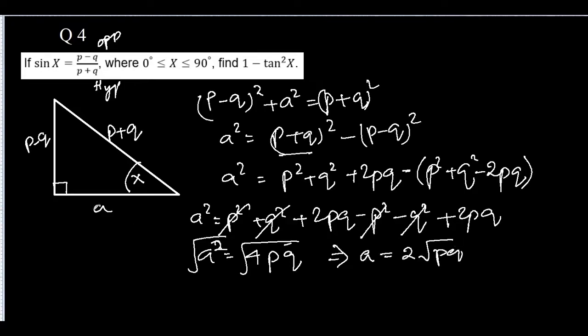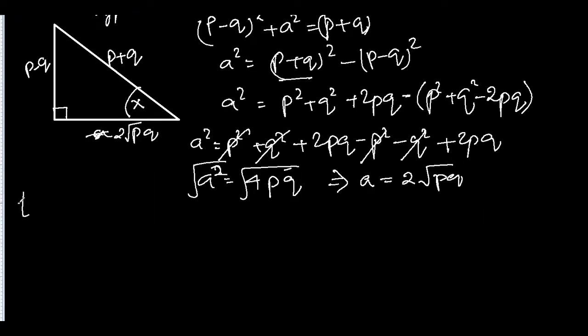Alright, so in place of A we will write 2 square root PQ. We know tan x will be opposite over adjacent. So what is opposite? Opposite is P minus Q, and adjacent we just got 2 square root PQ.